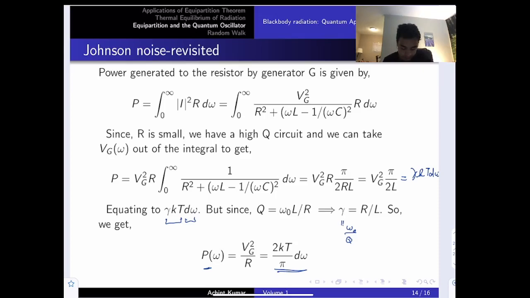Again, notice that the power spectrum doesn't depend on the resistor value, it just depends on the temperature.